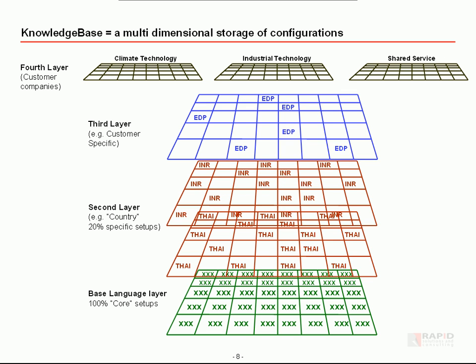The next layer, as shown on the screen, is the third layer for customer specific setups. Where there is a corporation and there are many subsidiaries, it may be required that everyone uses the same chart of accounts, a standard for responsibility naming conventions, and a standard for transaction types.